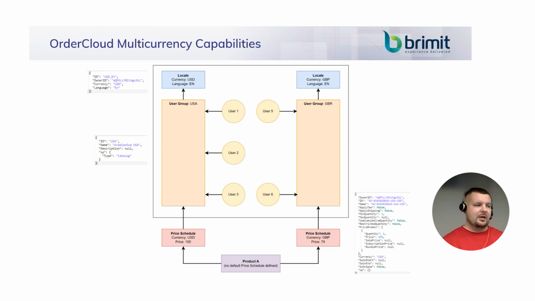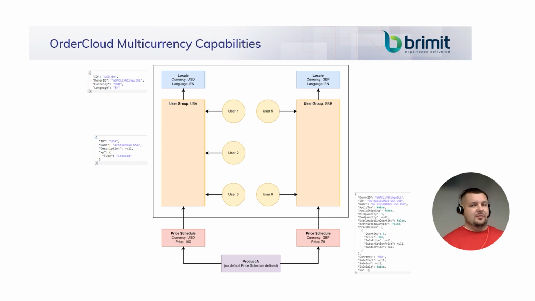So let's say we have a user which is assigned to a specific user group, and that user group has an assignment to a locale. It means that the user's cart context will use the locale which is assigned to the user group.